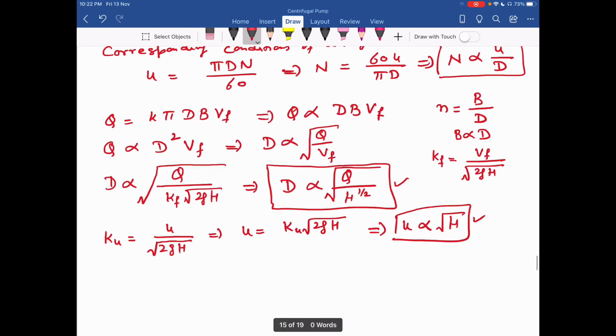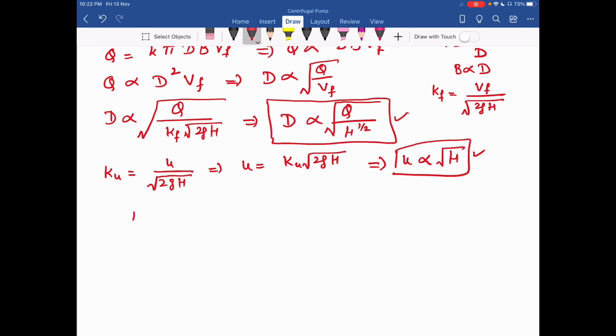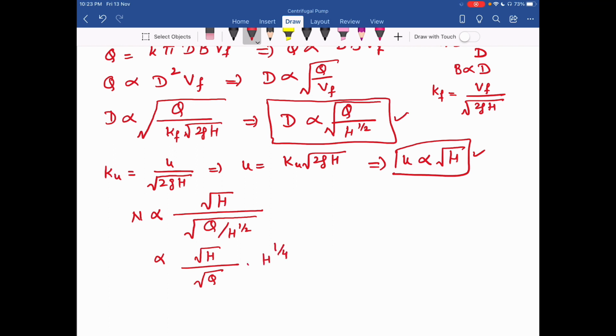Now I can write N is proportional to the square root of H divided by the square root of Q upon H raised to the power 1 by 2. This is further proportional to the square root of H divided by the square root of Q into H raised to the power 1 by 4.